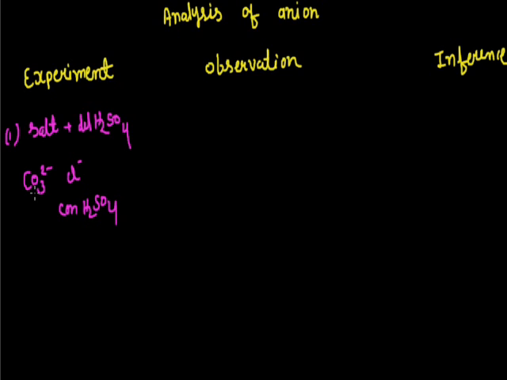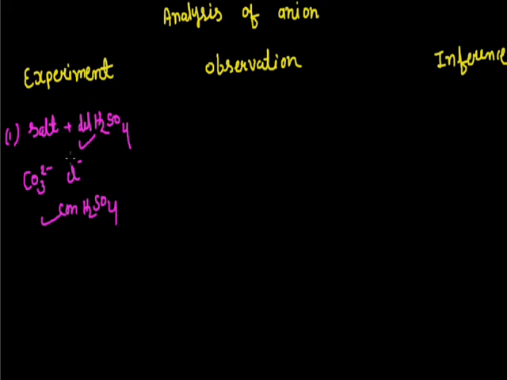Carbonate reacts with dilute H2SO4, so no doubt it also reacts with concentrated H2SO4, and Cl negative also reacts with concentrated H2SO4. So we cannot identify whether carbonate or Cl negative is present, since both give their appearance simultaneously.